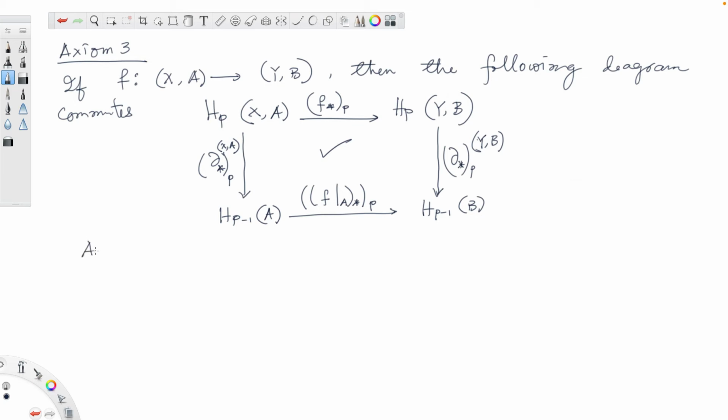Then we have axiom 4, which is called the exactness axiom, which gives us the long exact homology sequence. The sequence is as follows.